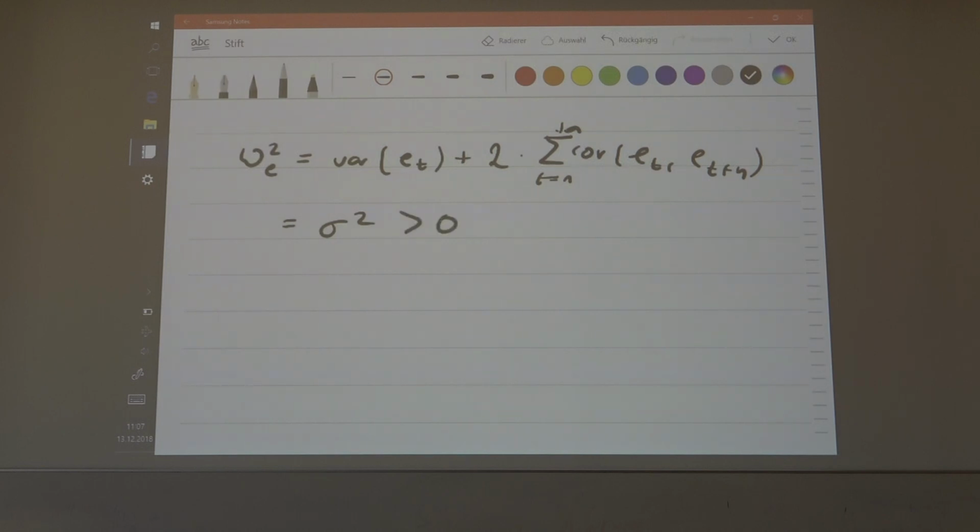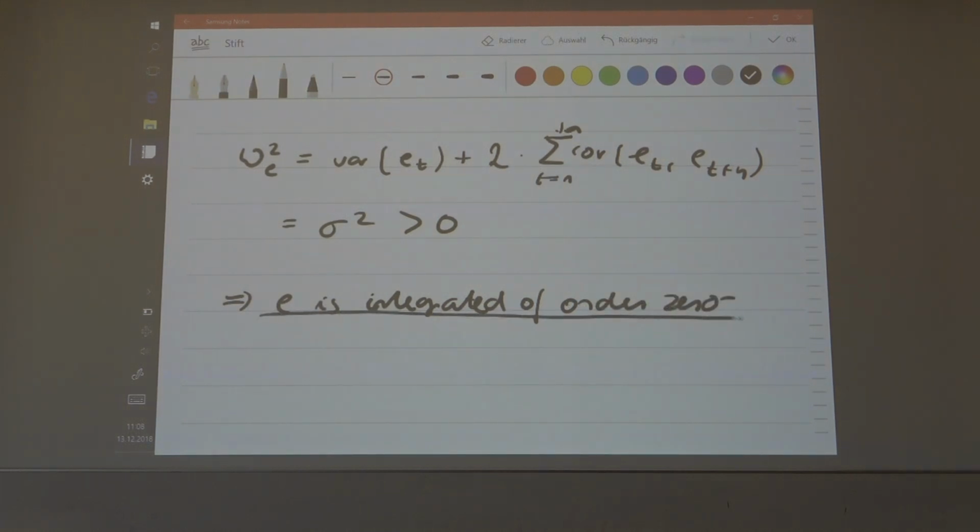So then the process is integrated of order 0. You understand? Or E is integrated of order 0. So that's the first thing.